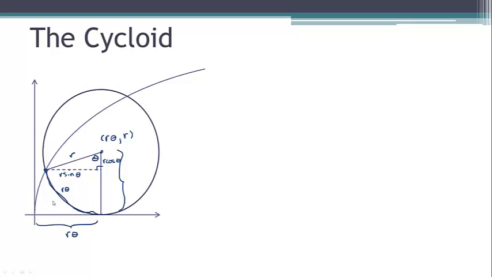That gives me what I need to find this height here. That height is the y coordinate of my point, right? The point that I'm trying to locate. So if this distance is y, this distance, remember, this is the radius, r, then what do I have here, right? I have these two little segments that make up the radius. So I know that r cosine theta plus y is equal to r.